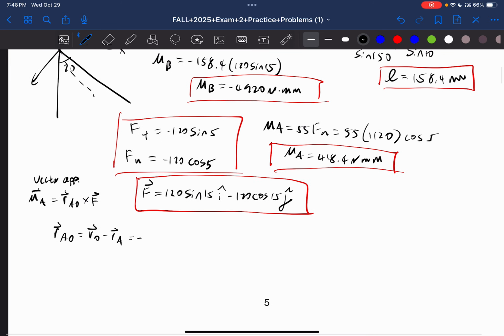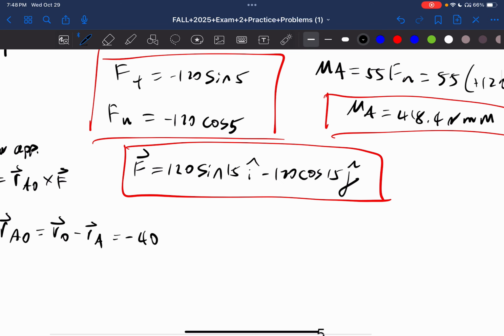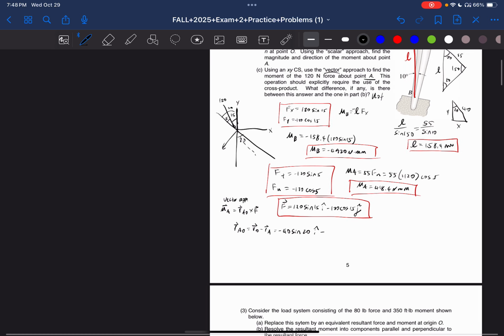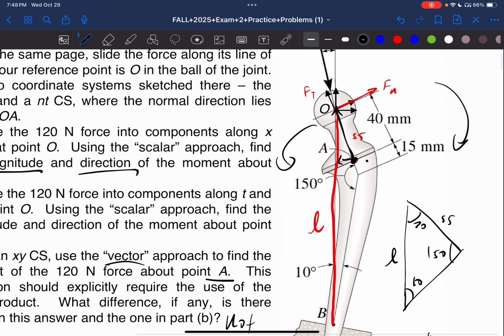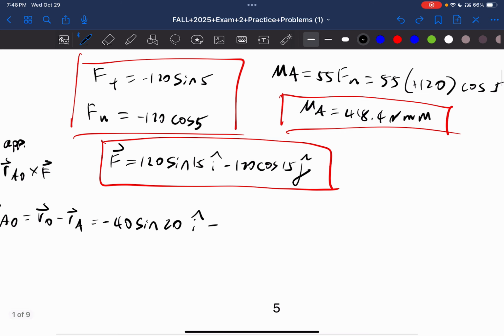So we want the opposite, so it's going to be 40 sine 20 in the i direction. And then in the y direction, we are going up from here to here. So it's going to be positive cosine, plus 40 cosine 20 in the j direction.